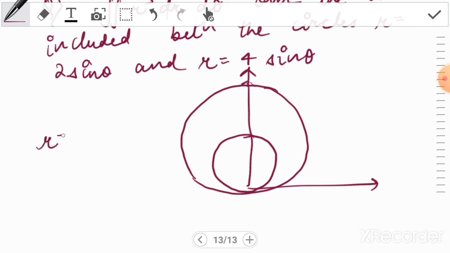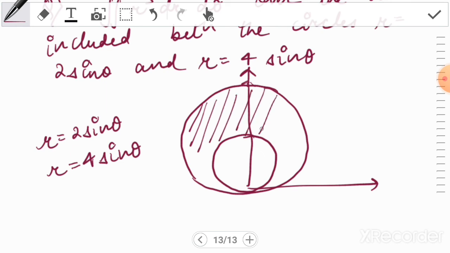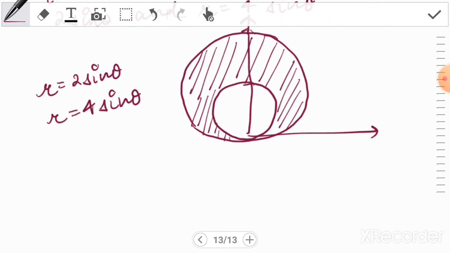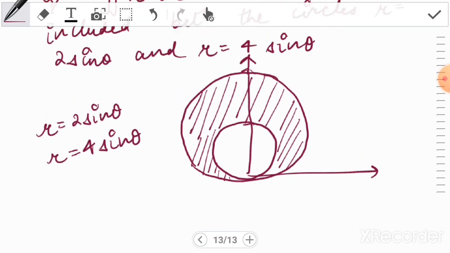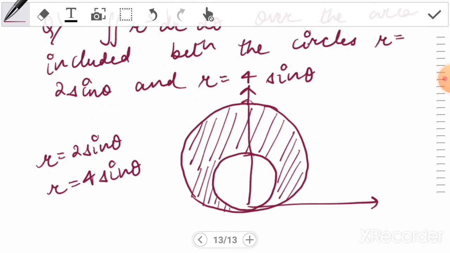One circle is r is equal to 2 sin theta and the other is r is equal to 4 sin theta. We need to find this area. So we have our limits: r is equal to 2 sin theta to r is equal to 4 sin theta, and theta varies from 0 to pi.